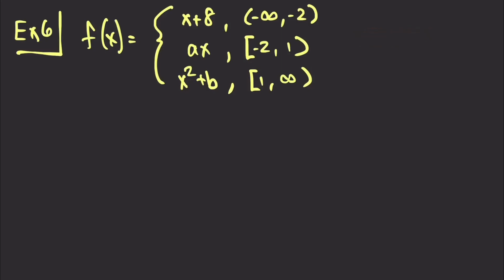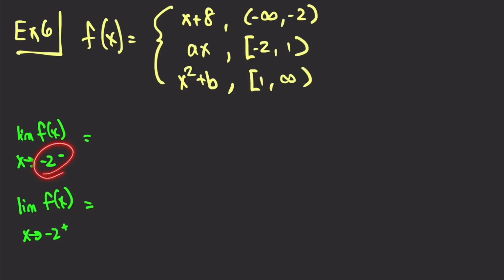So again, let's work on our notation. Limit of f of x as x approaches negative 2 from the left, and then I need to find the limit of f of x as x approaches negative 2 from the right. So from the left, negative infinity to negative 2 is going to be x plus 8. Plug into there. x is negative 2 plus 8, that's going to be 6 again.